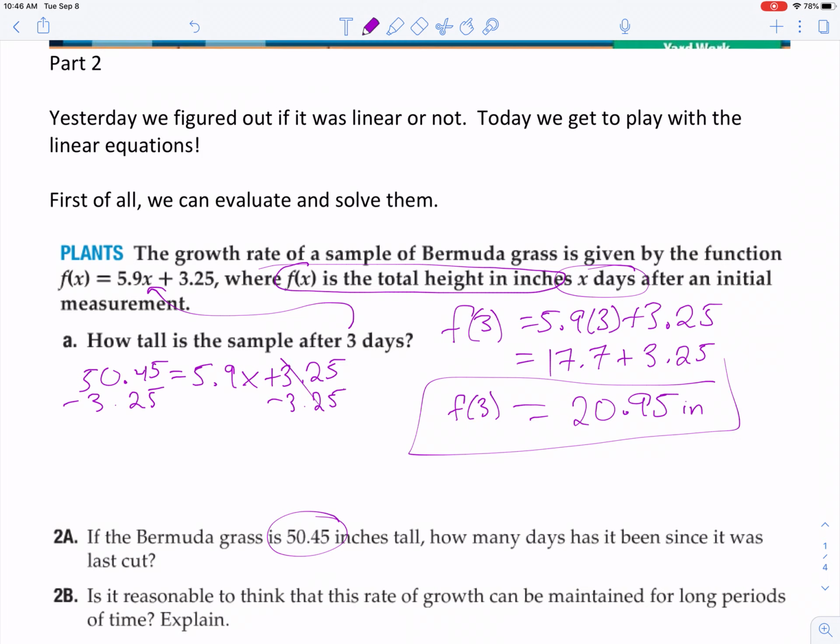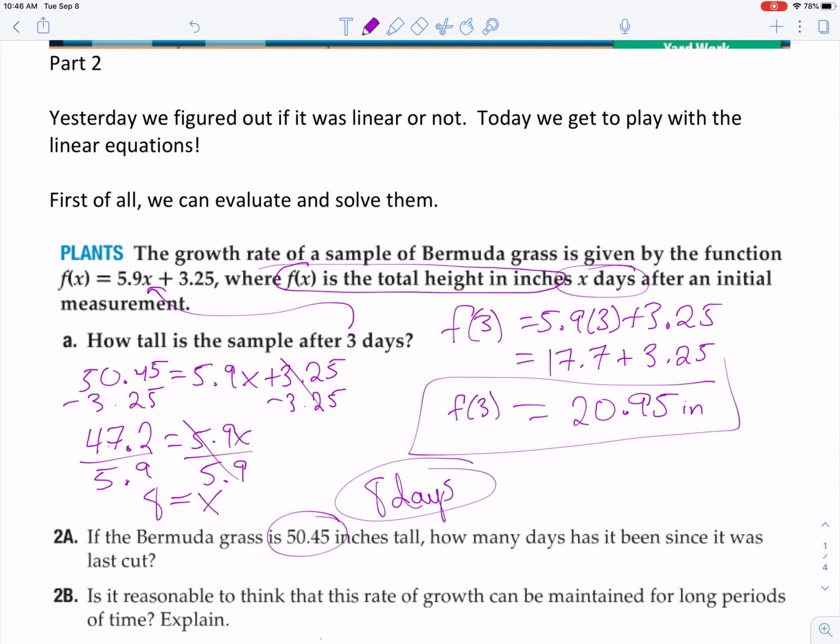And that cancels. So let's try, what is that, 47. Oops. And now to continue my journey getting x by itself, I think we should divide. What do you think? Okay, and it looks like that's going to be 8. 8 what? 8 days since the grass has been last cut.